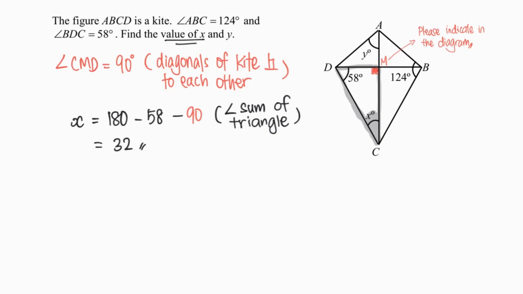The next thing to take note of is that since this is a kite, if this is 124, this is also 124. So that is the first thing that you need to indicate. Angle ADC is equal to 124 degrees because ABCD is a kite. Then I will be able to get my ADB.